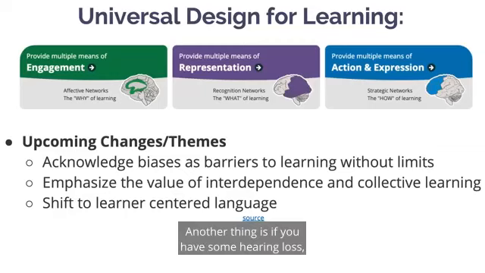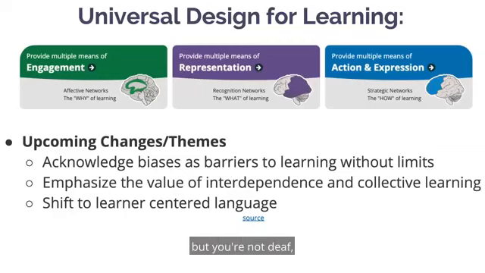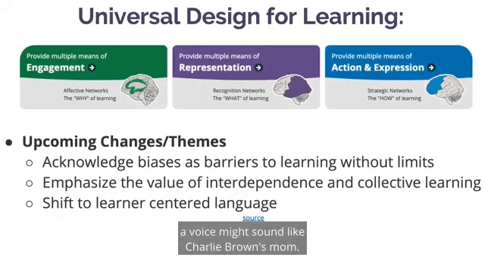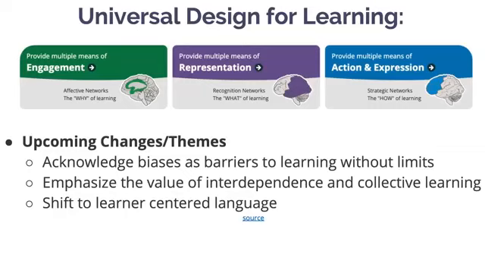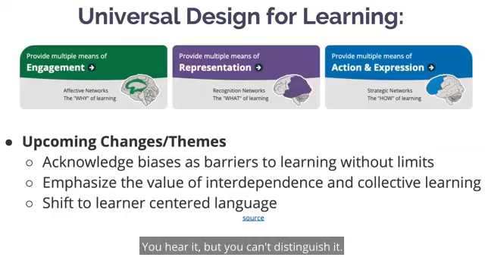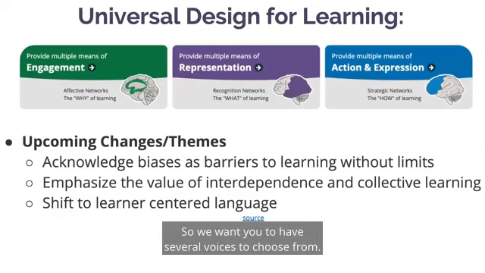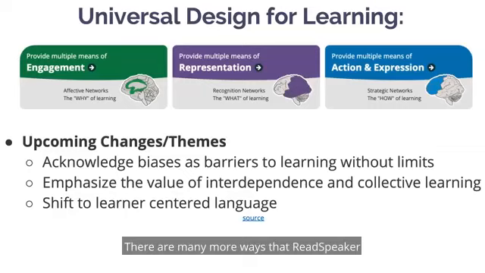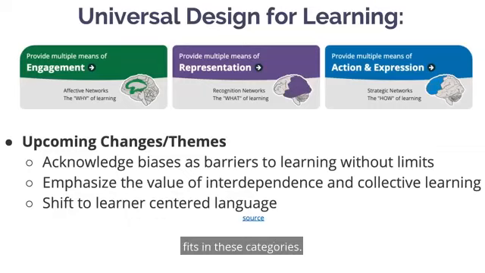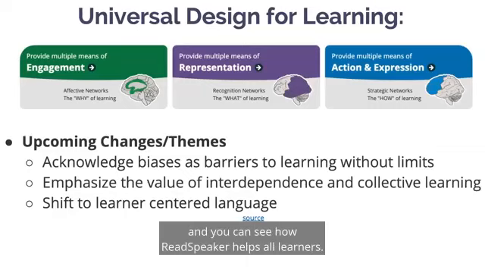Another thing is if you have some hearing loss, but you're not deaf, a voice might sound like Charlie Brown's mom. You hear it, but you can't distinguish it. So there are lots of things that go along with choosing voice. So we want you to have several voices to choose from. There are many more ways that ReadSpeaker fits in these categories. But now let's move to a demo, and you can see how ReadSpeaker helps all learners.